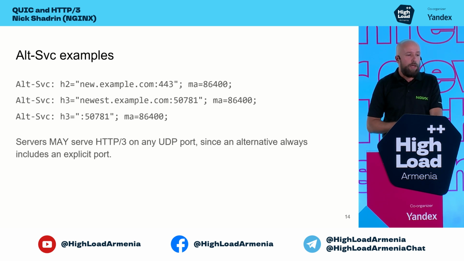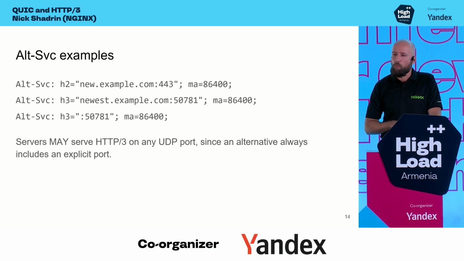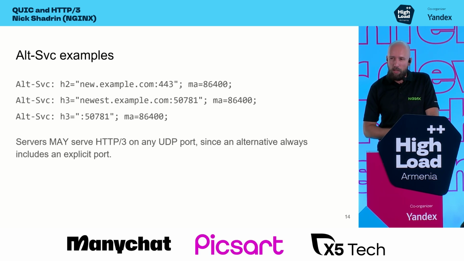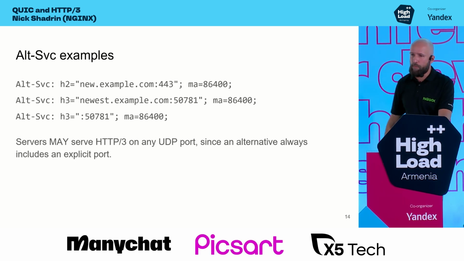In the second example, where we see H3, then that website with a different port, there is another very interesting example. We're using a different port. And in the third one, we are defining it without the host name, which means connect to the same thing using the different port. Does it have to be a different port?